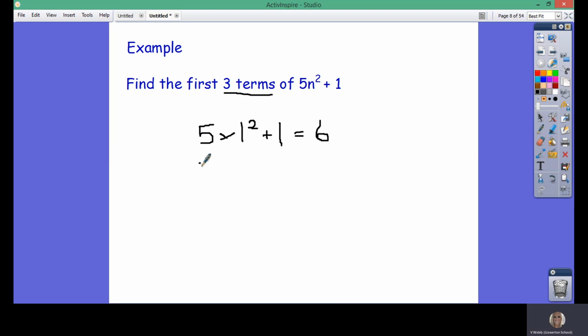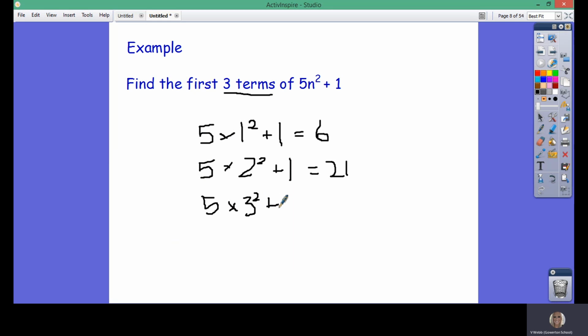The second term then, n would become 2. So this time I do 5 times 2 squared. Add 1. So 2 squared is 4. 4 times 5 is 20. Add the 1 gives us our second term is 21. And then for the third term in the sequence, n would become 3. So I do 5 times 3 squared.